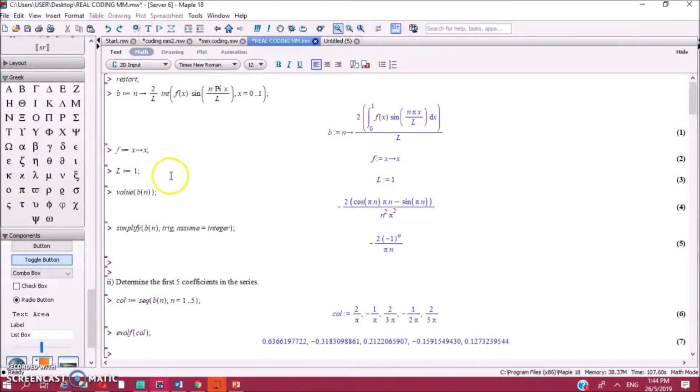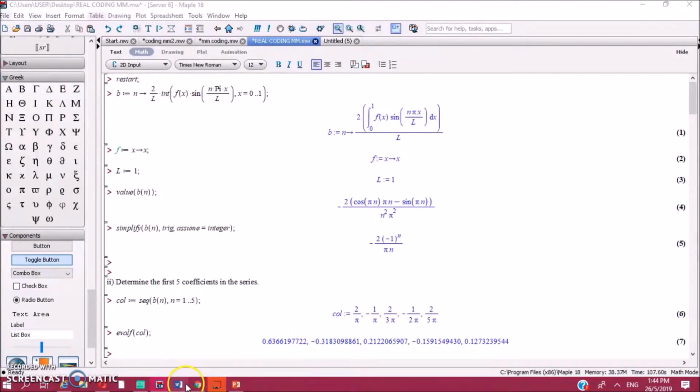Then the value we type here is bn, and Maple can calculate this for us on the spot. Then we simplify it like this, and we got -2 (-1)^n over pi n. Okay, this is the bn we get.